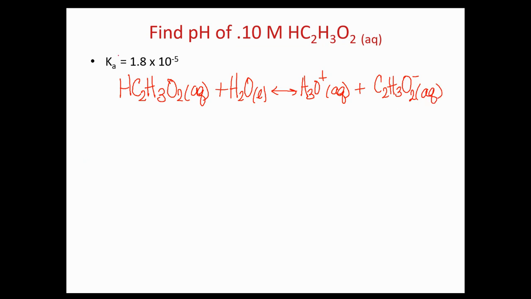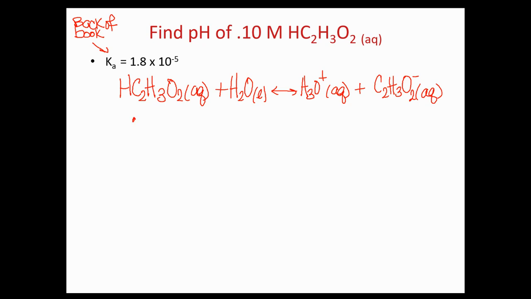So this Ka value is either given or is in your book in the back. And one of the first things you should notice about the Ka value is it's pretty small. And so let's set up our ice table, and then let's talk about any sort of assumptions we might be able to make.